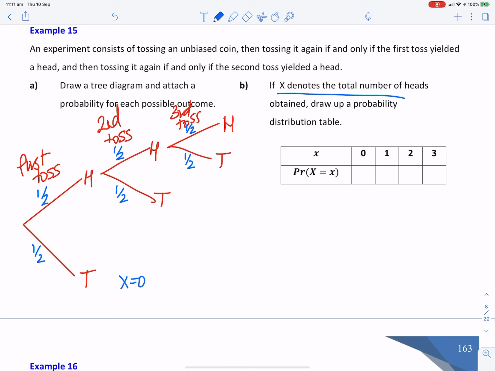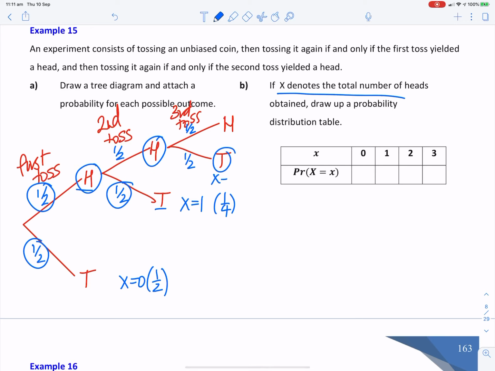Now, if x denotes the total number of heads, here we get x equals 0, and that probability is 1/2. Here we get 1 head and 1 tail, so x is equal to 1. We've got a half times a half, which is a quarter. Next, we've got a head, a head and a tail, so x is equal to 2, and that's a half times a half times a half, which is an eighth.